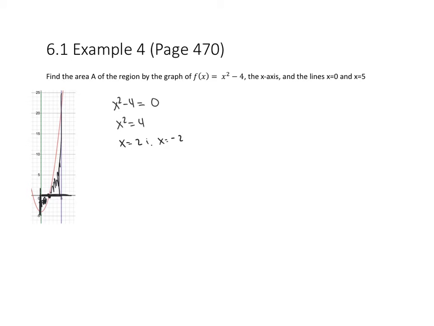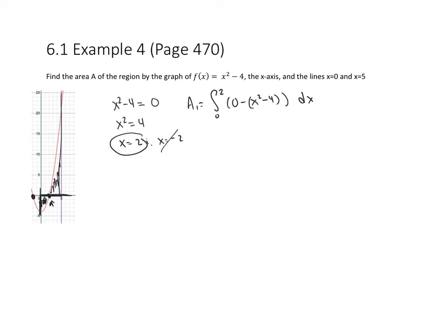Now negative 2 is on the other side over here, so we don't need to worry about that one. x equals 2 is the one we're looking for right here. So our first integral is going to go from 0 to 2. We go from the bigger function to the smaller function, so that's going to be 0 minus x squared minus 4 dx.